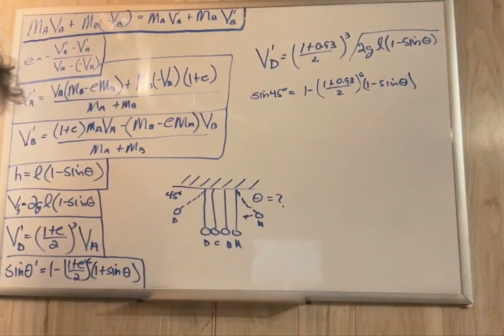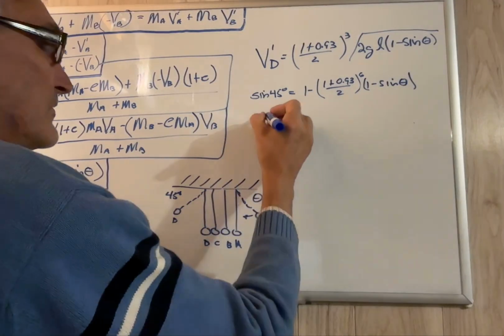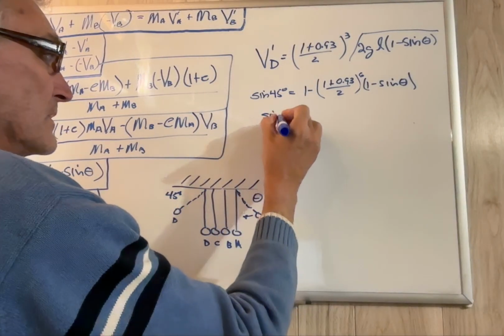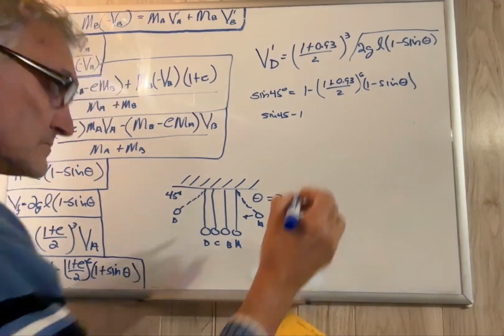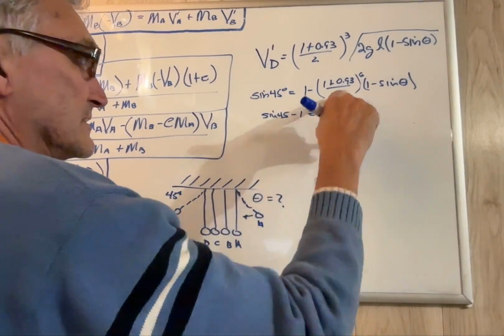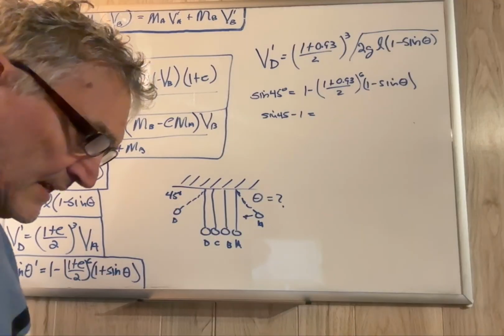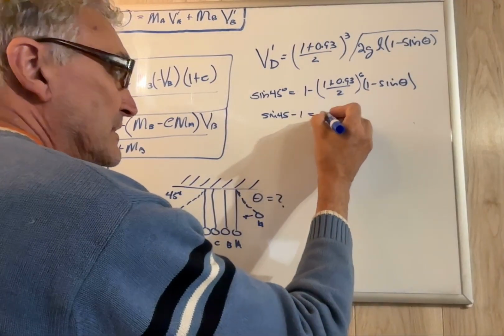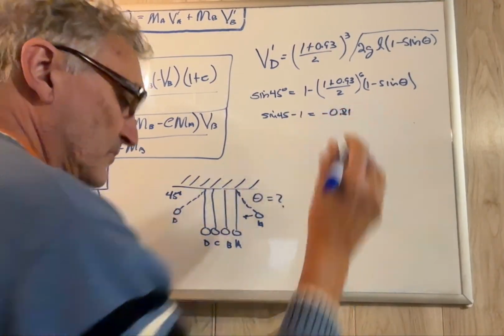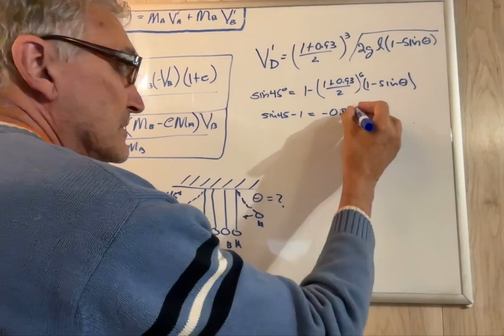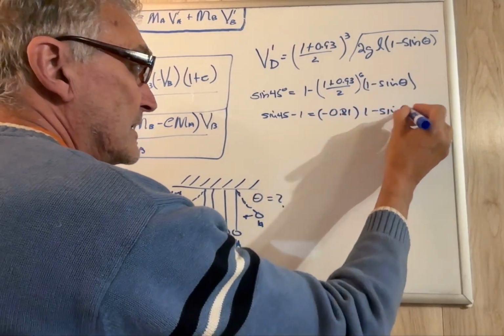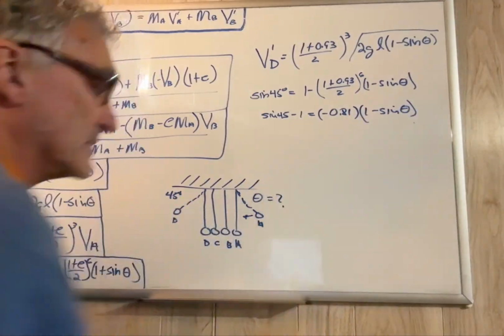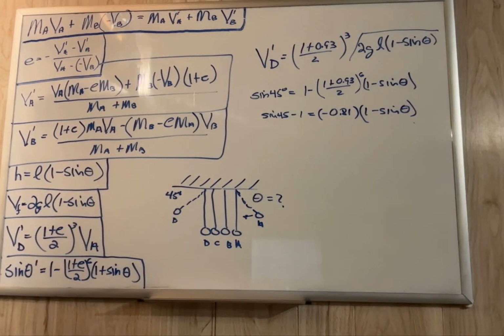All right, so we say that 45 degrees minus 1 is going to be equal to this thing here, which actually becomes negative 0.81 really, and that's going to be times 1 minus sine theta. Right? So we can divide both sides by 0.81.